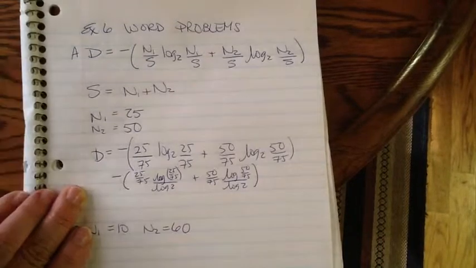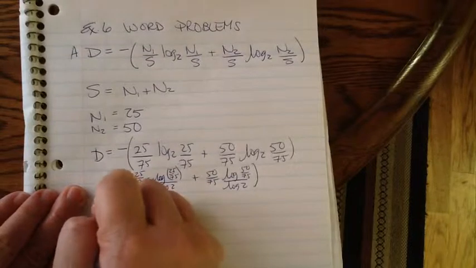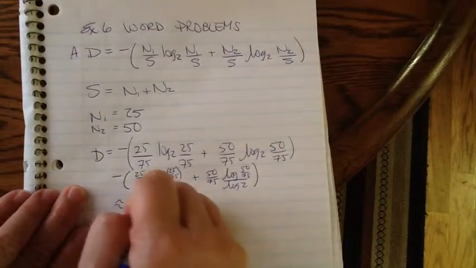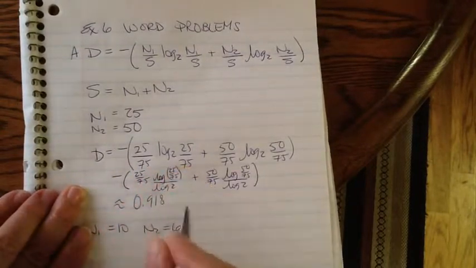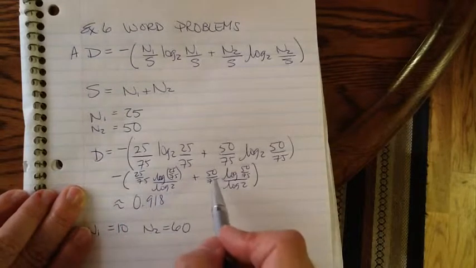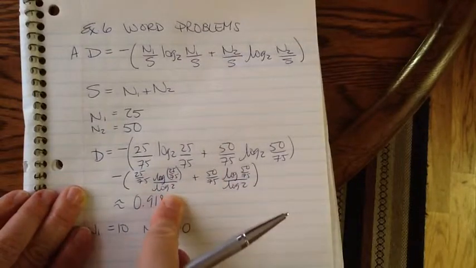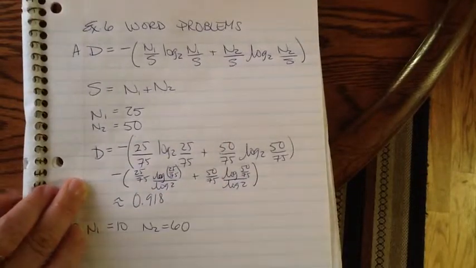Now we can put this into our calculator. Be careful of your parentheses, and we will get approximately 0.918. Now you could simplify these, 1/3, 2/3, and simplify this before you plug it in, or you can let your calculator do the whole thing.